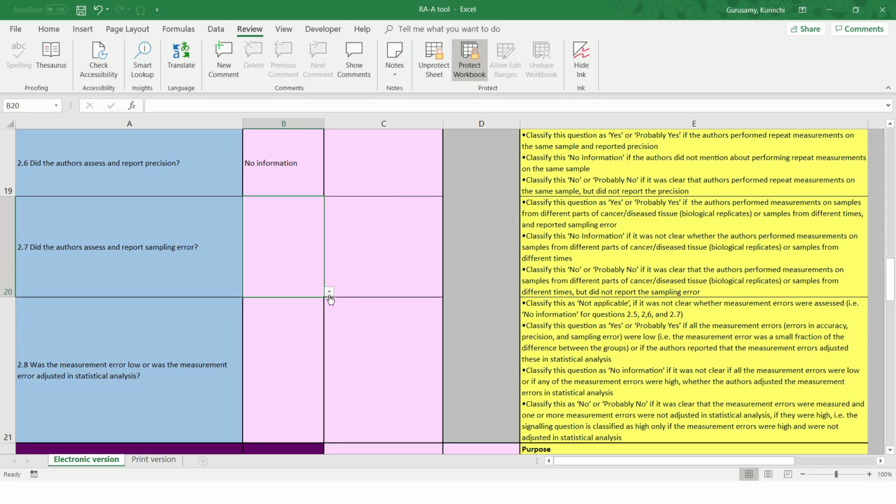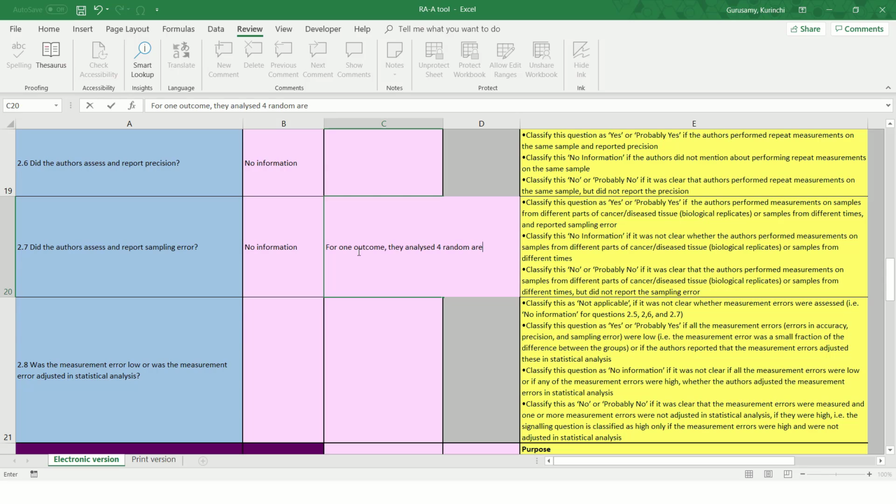So what do you say here? For most of the outcomes it's no information, and for one outcome it's yes or probably yes. I would go with no information because that was the case with most outcomes, and then note here that for one outcome they analyzed four random areas.